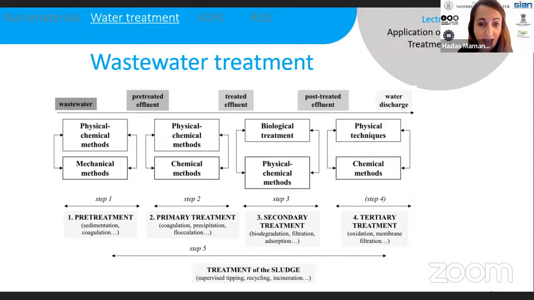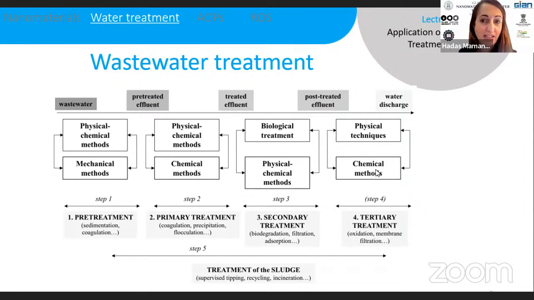Advanced oxidation is sometimes considered advanced treatment, or for example, soil aquifer treatment could be somewhere between tertiary treatment and advanced treatment. And we also have treatment of the residual sludge. So all of these steps are part of the process.